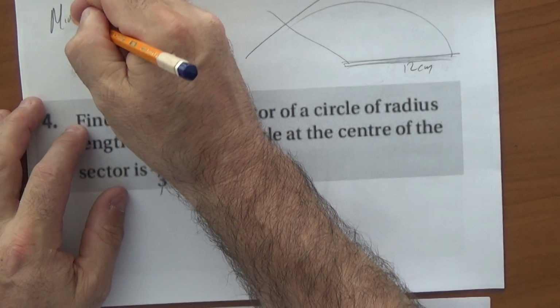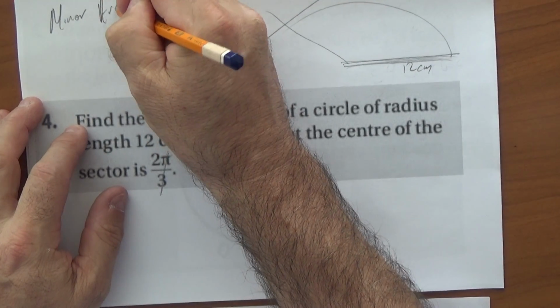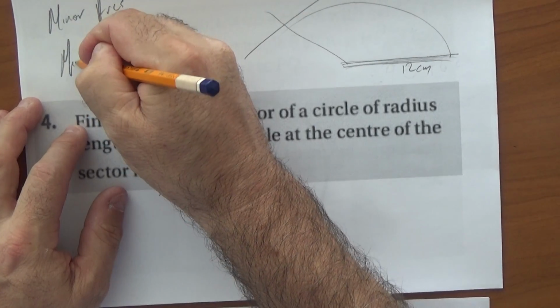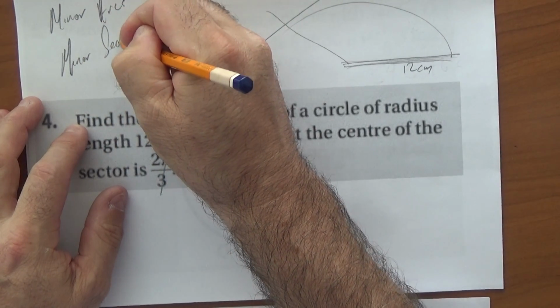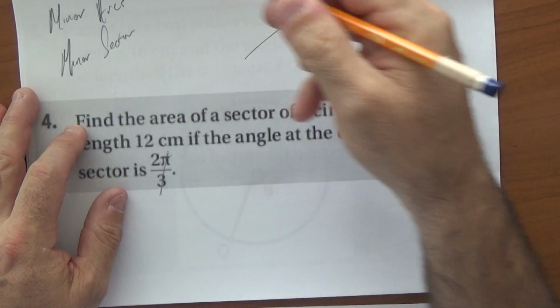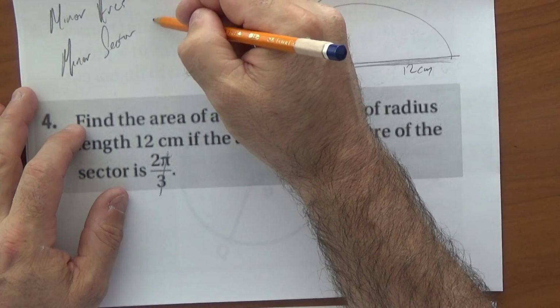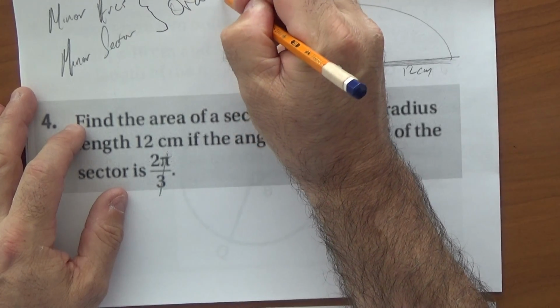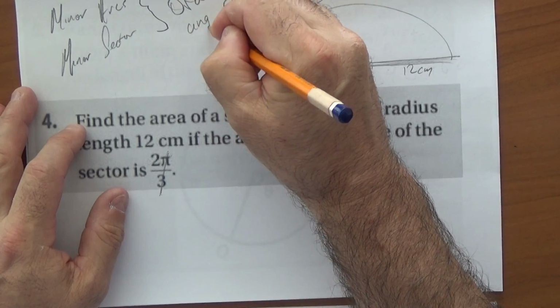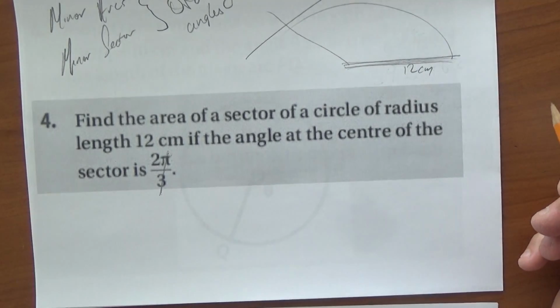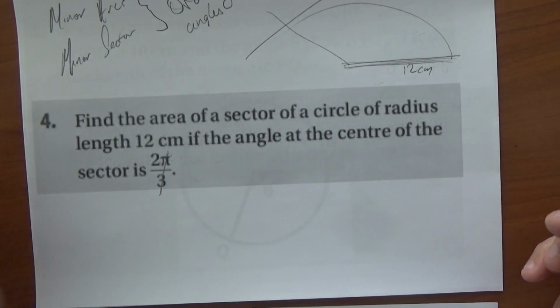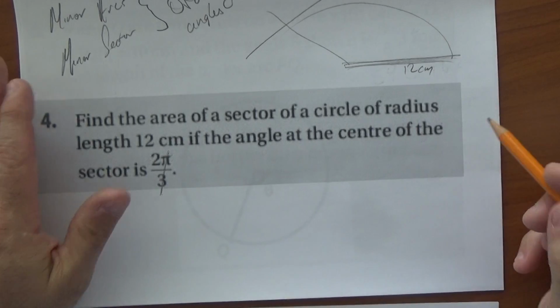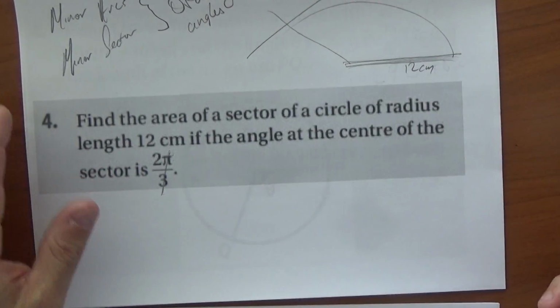Minor arcs and minor sectors are based upon the idea of an ordinary angle. And ordinary angles, by definition in our course, are angles that are less than 180 degrees and bigger than 0 degrees. Positive angles less than 180. Okay, so they're ordinary angles.